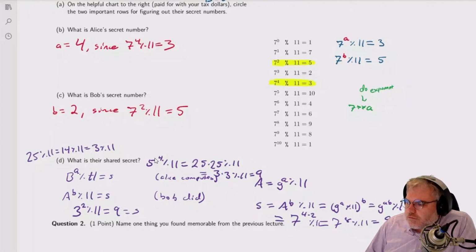Okay, so 7 to the 12th mod 11. Let's see, 12th is not on my table. So that would have been the same as 7. So 7 to the 10th mod 11 is 1. So I would have been left with a squaring. No. Oh, I see.